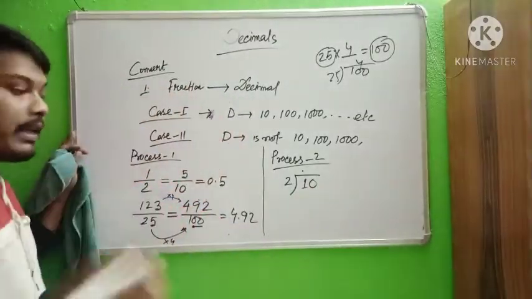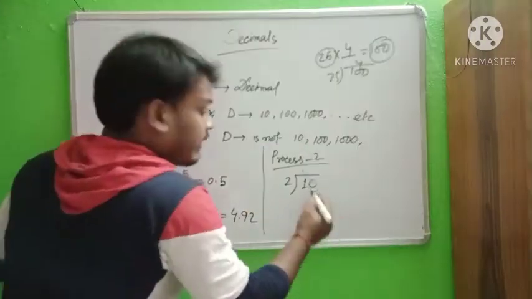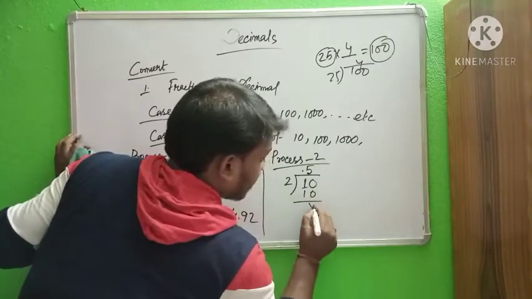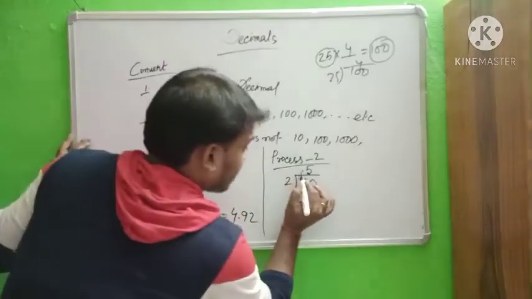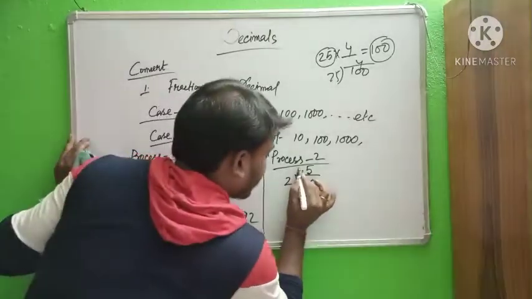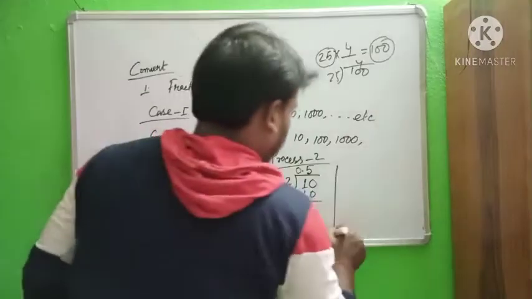Then we divide 10 by 2 and get 5, so the answer is 0.5.